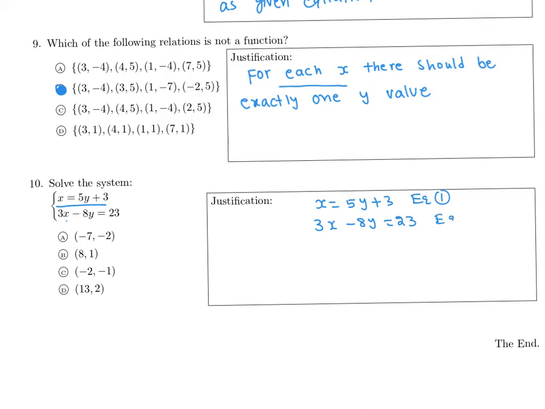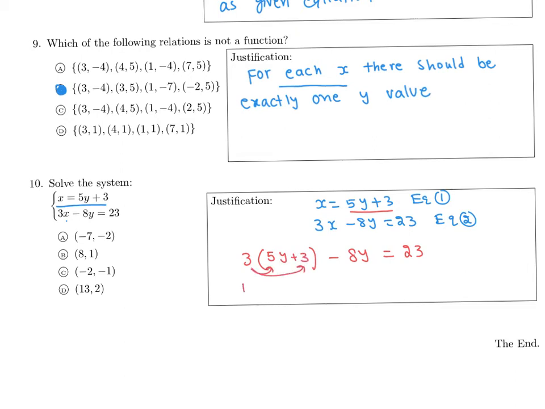I'm going to use equation number 1 to plug into equation number 2. That's going to be 3 times, and I'm going to put a bracket around this x value, which will be 5y plus 3. And now I'm going to distribute to solve for y.